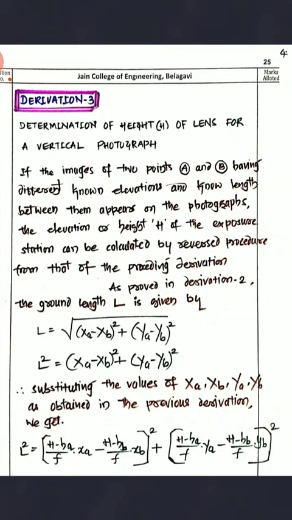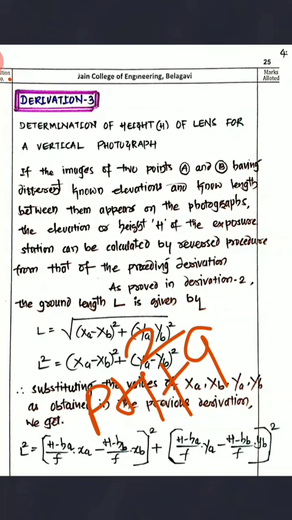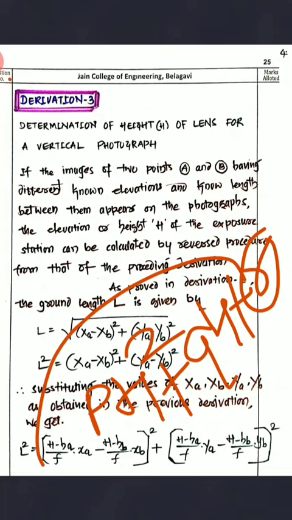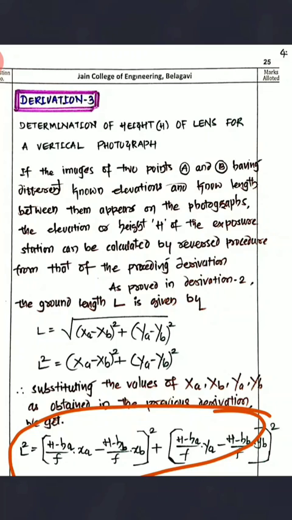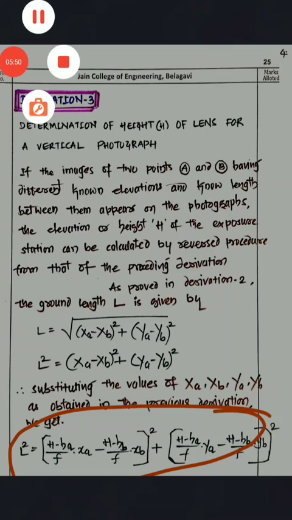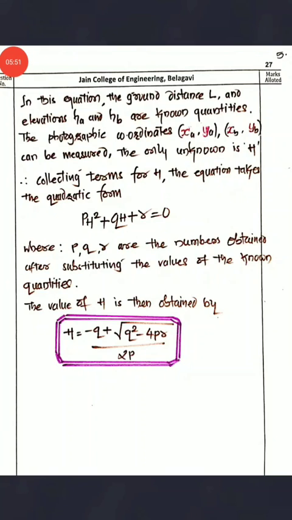I can write it as pH square plus qH plus r. Now this r is going to be L, this second term is here, and the first term you have to create. All these terms you are supposed to create, then you are going to get the quadratic equation. Only then is it possible to get the H value.